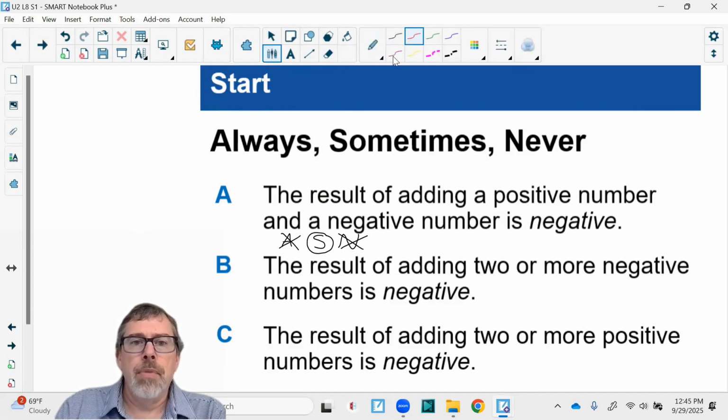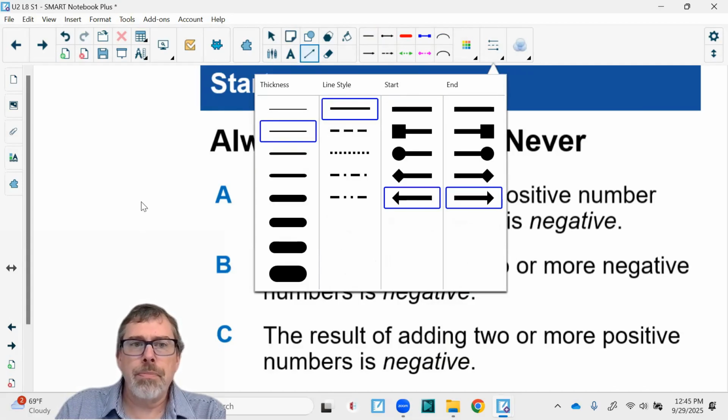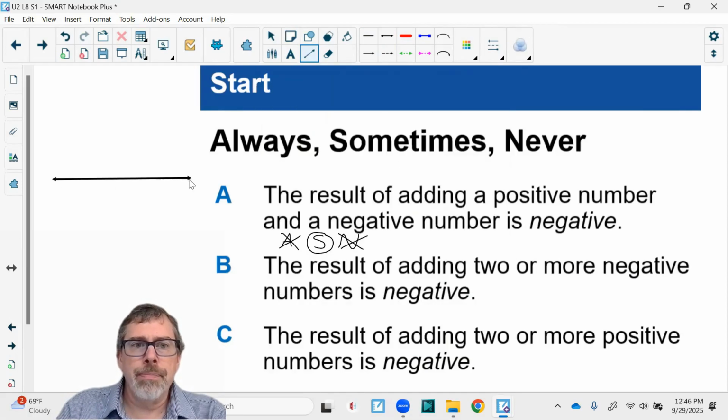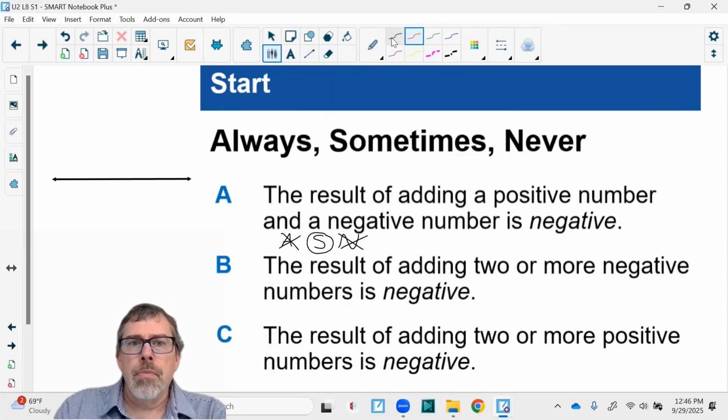Next one. The result of adding 2 or more negative numbers is negative. Well, I'm going to use a number line to explain this. It's just quicker and easier. Here's a number line. Here's 0.